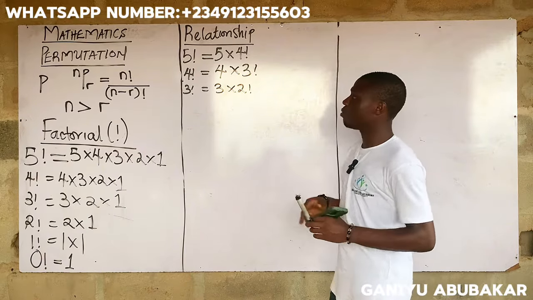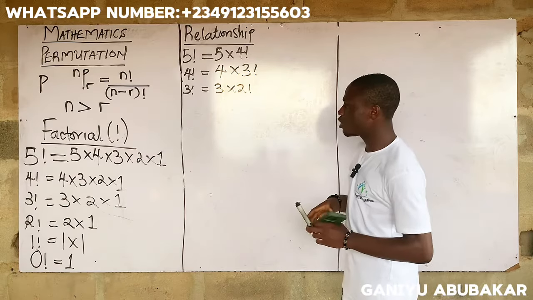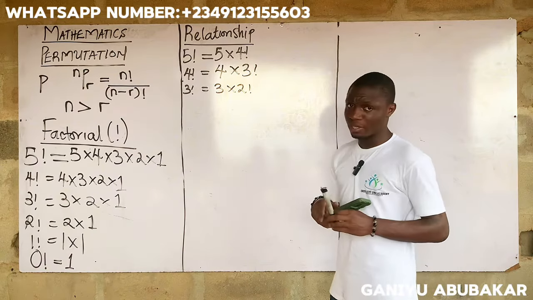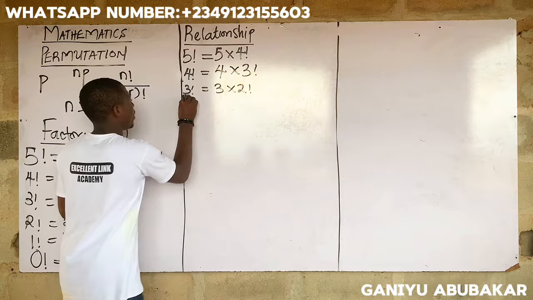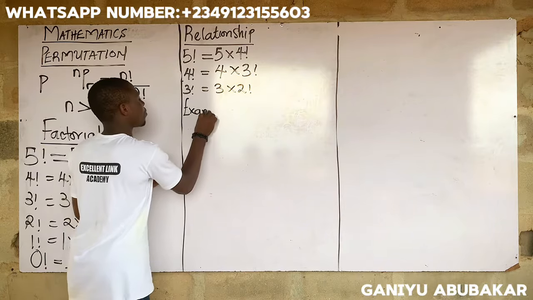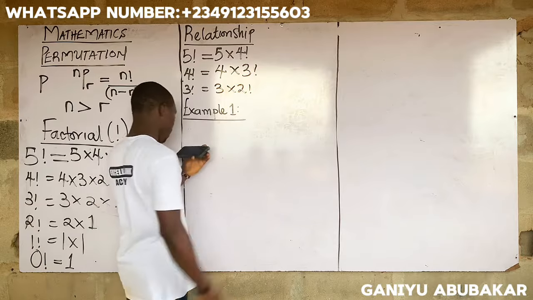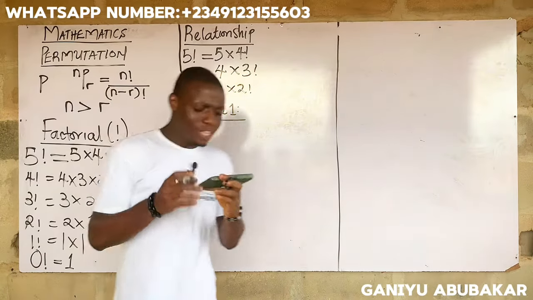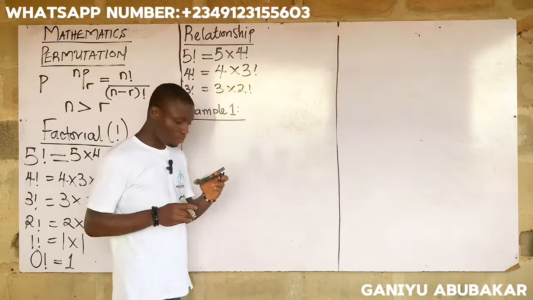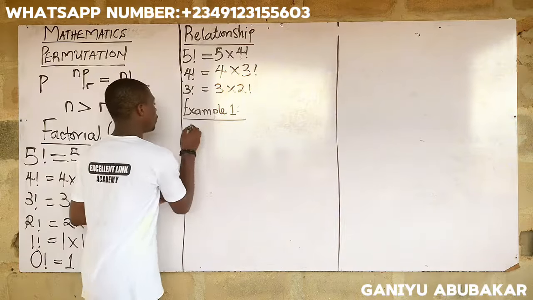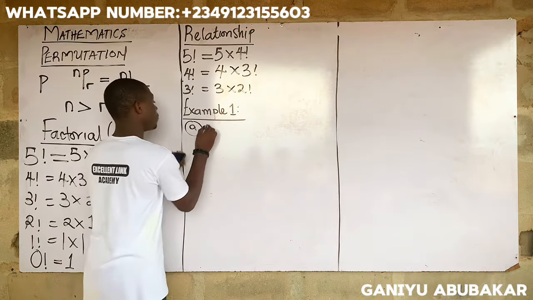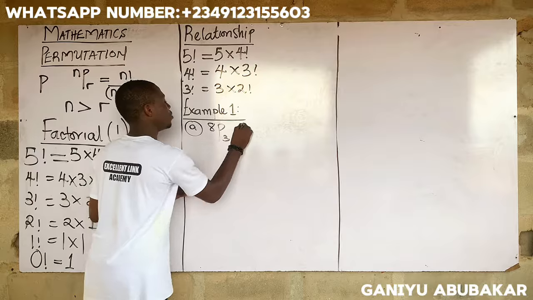So at this junction, let's take some problems and solve together. Example 1. Evaluate the following permutations. A, 8 permutation 3.